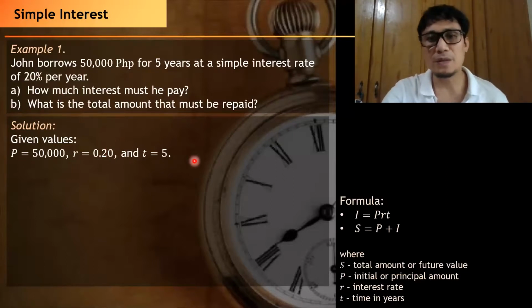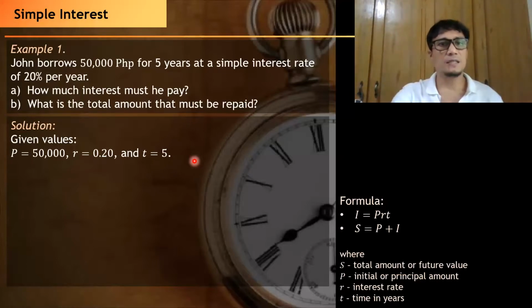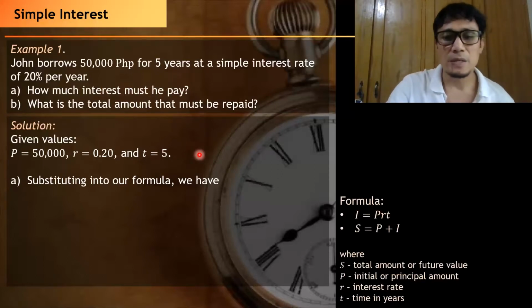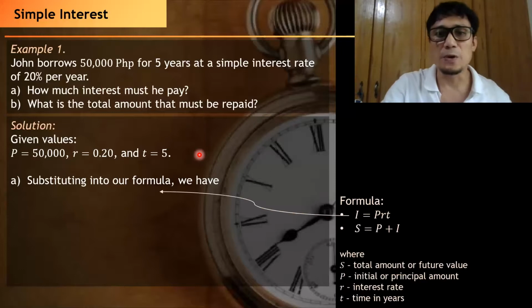Then substituting that to our first formula, we're going to use this one, I equals PRT, because we're asked here to find the interest that John is going to pay for the money he borrowed. Okay, I equals PRT, and we substitute those given to that formula.